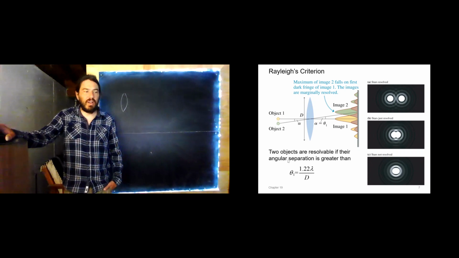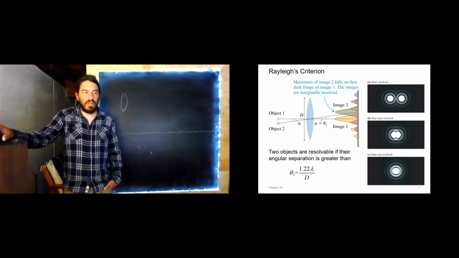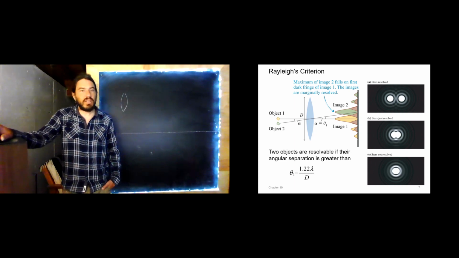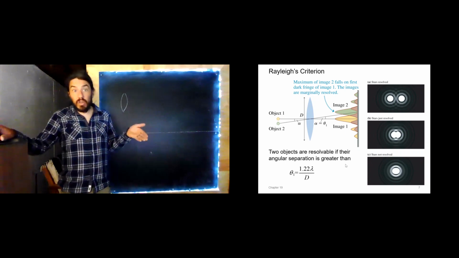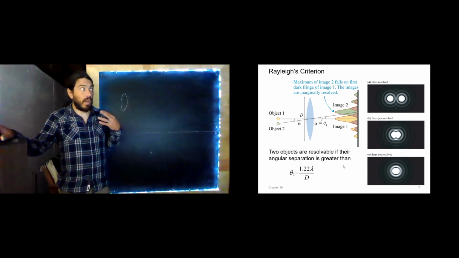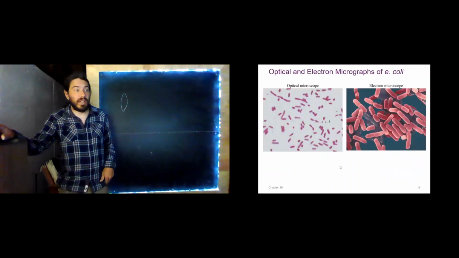And it just turns out that their angular separation has to be equal to at least this in order for us to resolve them and tell that there are actually two stars and not just one. So this limits our ability to use light to view objects. It limits our ability to magnify objects using just ordinary light.